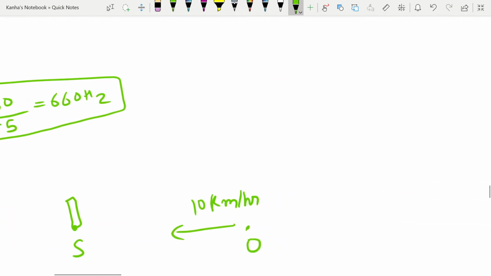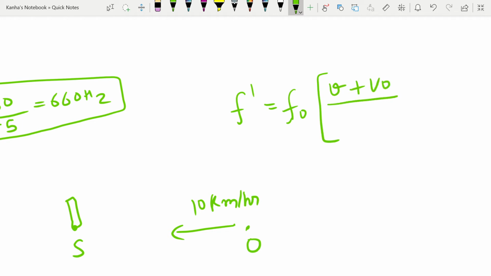So in this case, again, we will apply the Doppler's effect in sound. The frequency detected is equal to the original frequency times velocity plus velocity of observer, because the observer is coming towards the source, divided by the velocity of the sound.